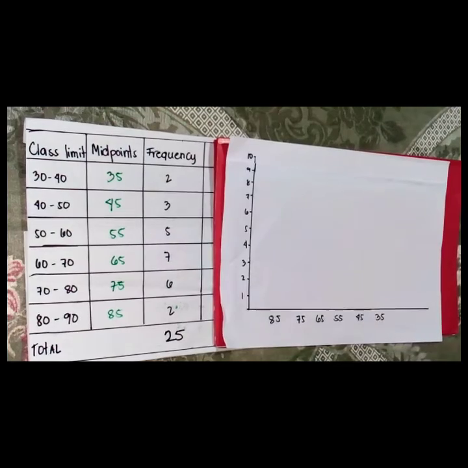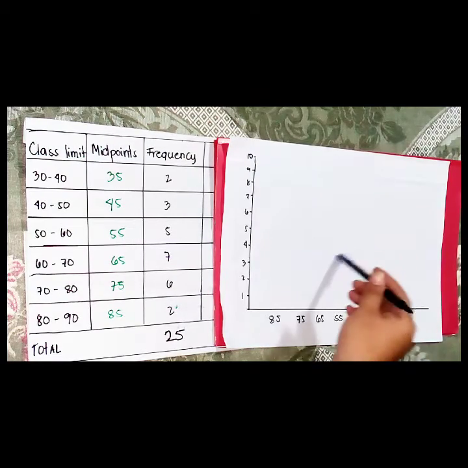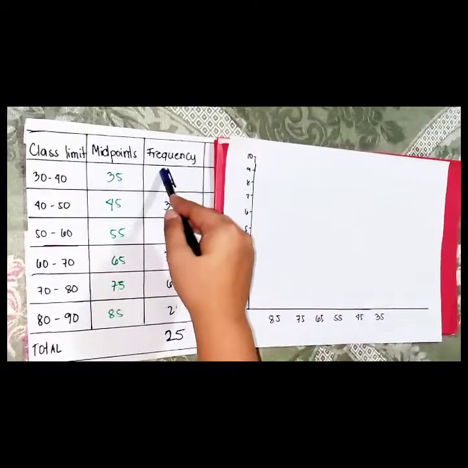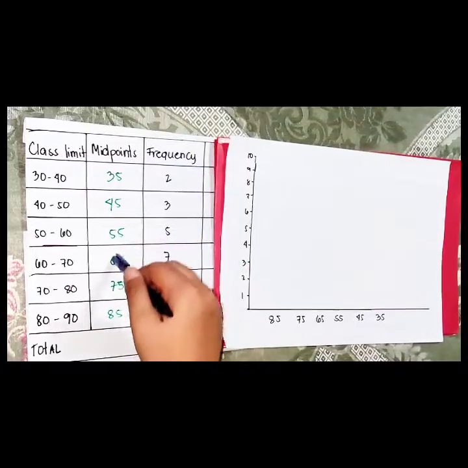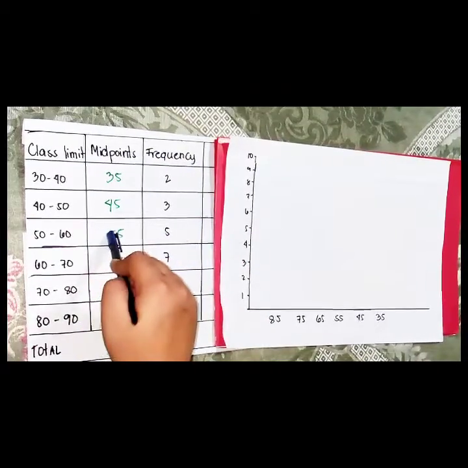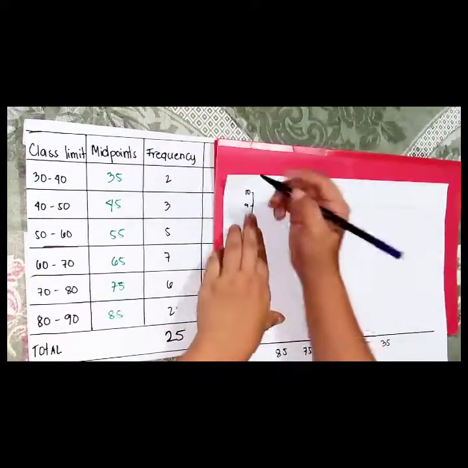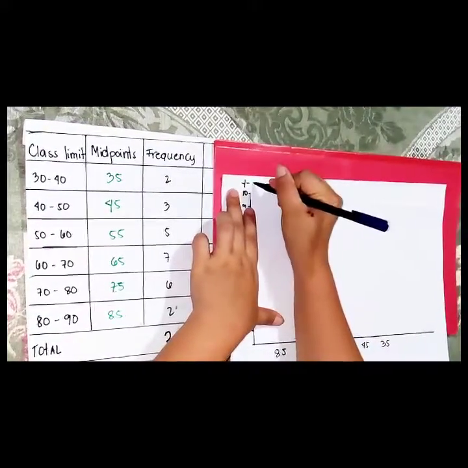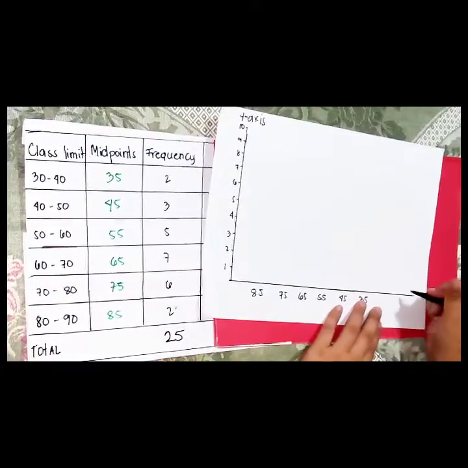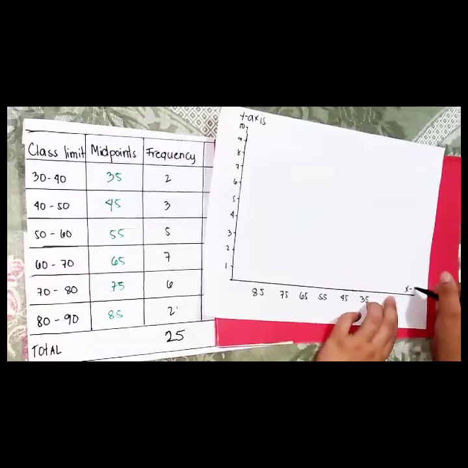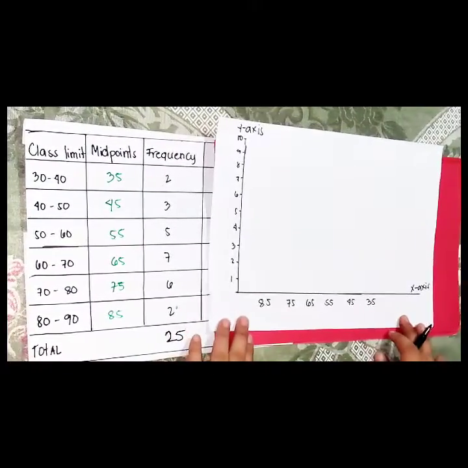So now, we're going to formulate a bar graph using our frequencies as our y-axis and our midpoint as the x-axis. So we are going to write y-axis here because this is our frequency, and we are going to write x-axis here because this is our midpoint.